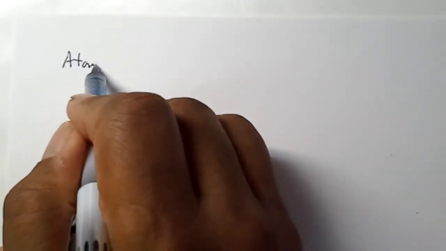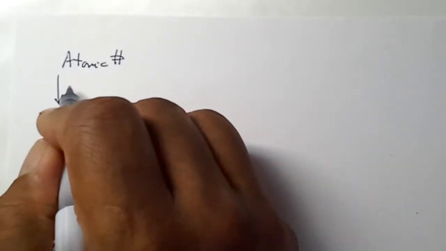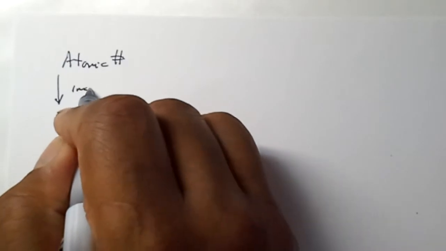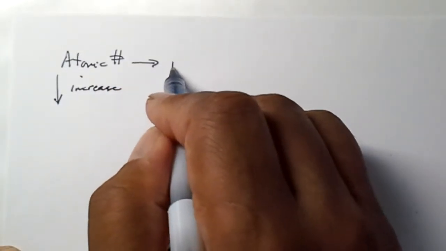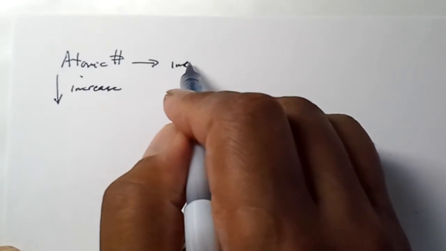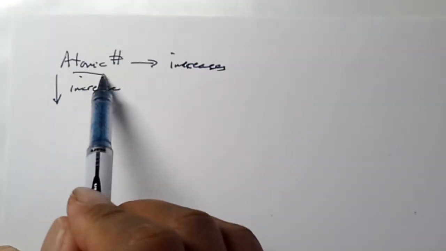So, the periodic table is set up so that not only does the atomic number increase in this direction, it increases in this direction too.